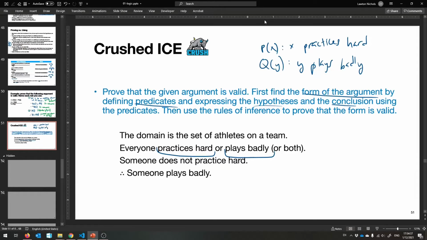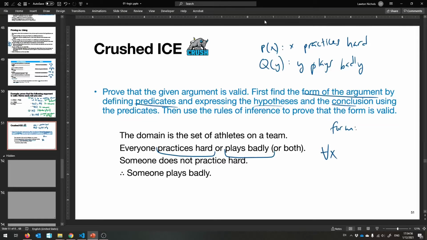So now, let's create the form of this argument. So the form is going to be, well, this is saying everyone practices hard or plays badly, or both. So this means inclusive or, not exclusive or. So everyone, that should scream for all in your mind.